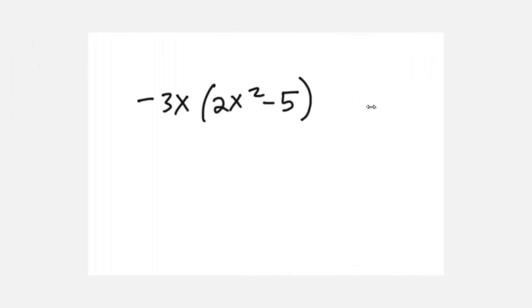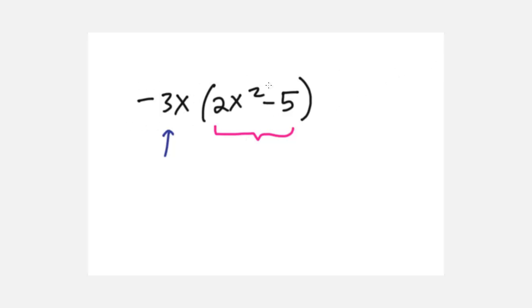Hi everyone. For this problem, I'll show you how to multiply a monomial with a polynomial. So here's your monomial, negative 3x. And we all know that this is a binomial, 2x squared minus 5.